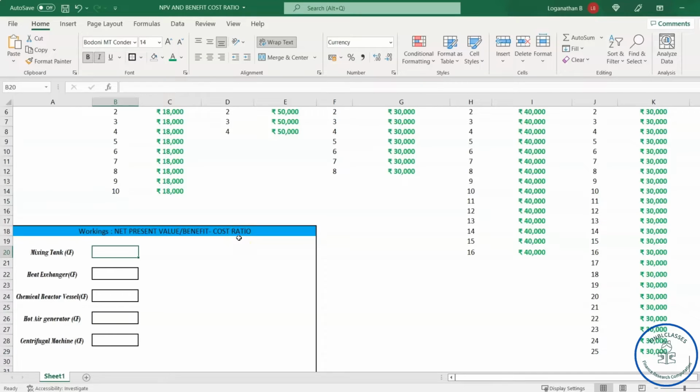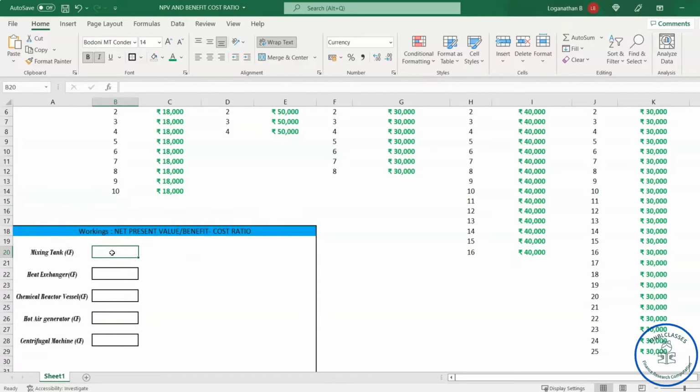We are not combining the projects; we just have to check the individual chemical equipment which gives the higher rank. That could be given the first preference for investing, that is, the particular chemical equipment to be manufactured, right? So first we'll get into the NPV.